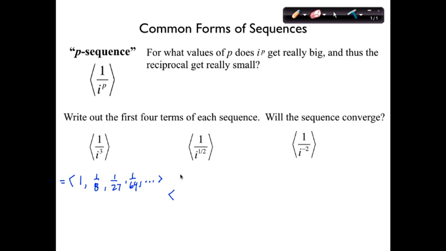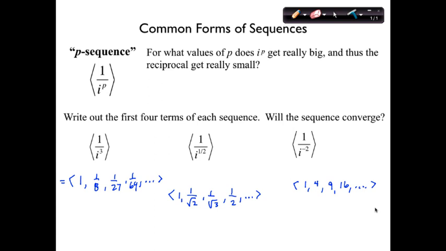Yeah. 1 over square root of 2, 1 over square root of 3, and 1/2. Okay, last one. Yeah. 1, 4, 9, 16, 25. Okay. Which of these converge and which diverge?